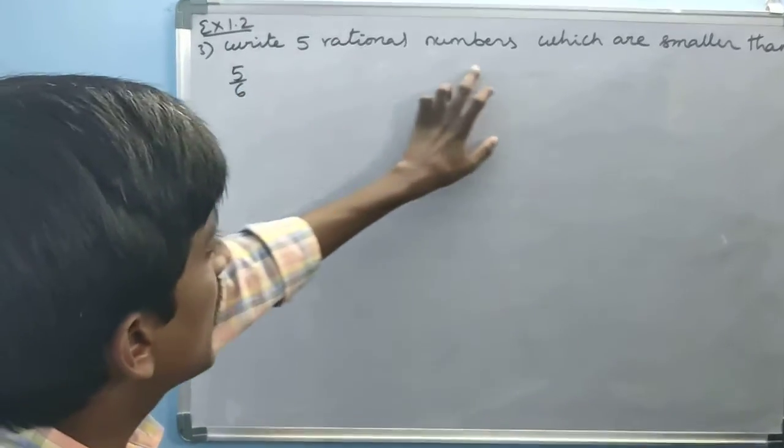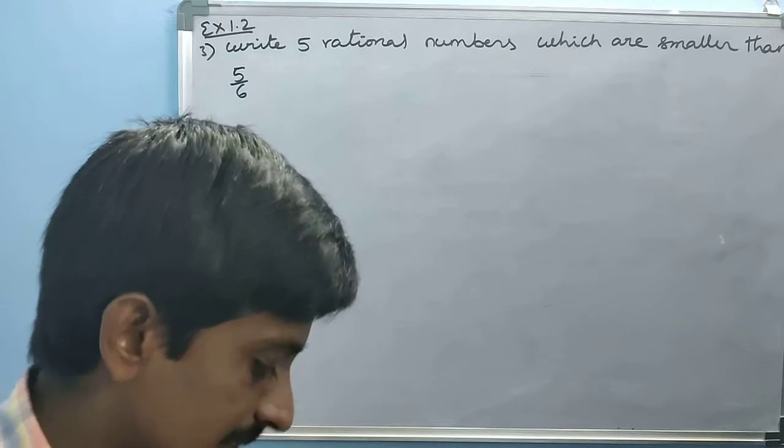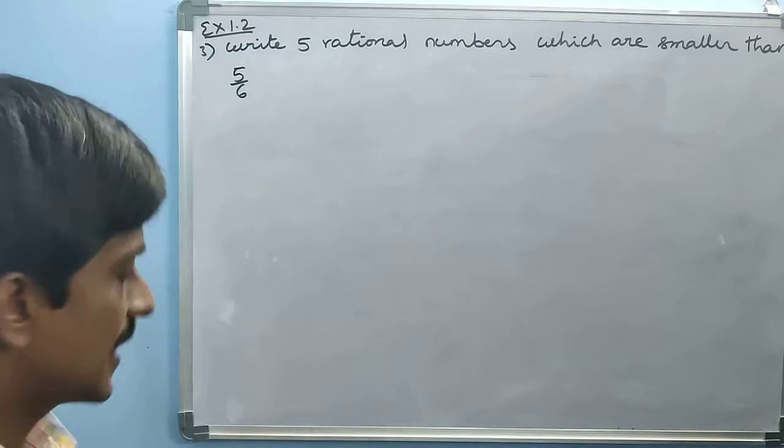Write 5 rational numbers which are smaller than 5/6. Any 5 rational numbers.